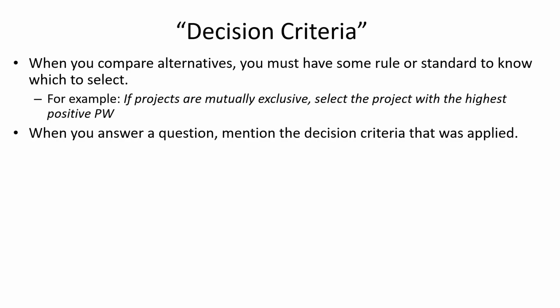So on a 10-point problem, if you did the right calculations, but you didn't include the decision criteria and you didn't actually explicitly answer the question, maybe you'll still get 8 out of the 10 points, but I want to give you 10 out of 10 points. So do the calculations, answer the question, and mention the decision criteria and explain how that applied in that particular situation.